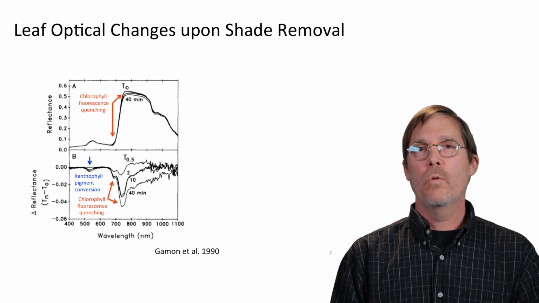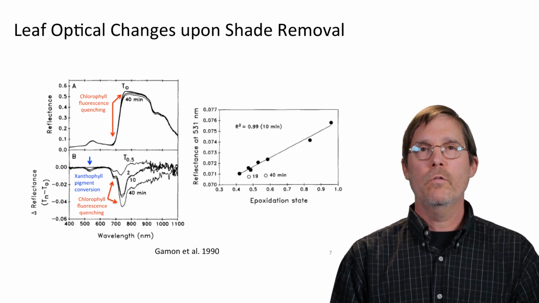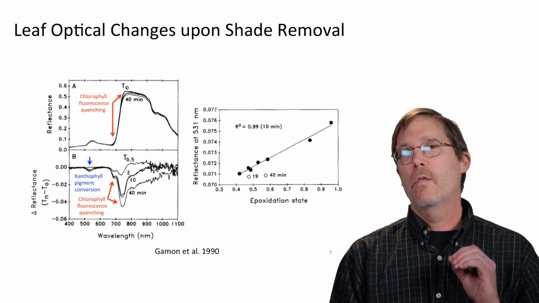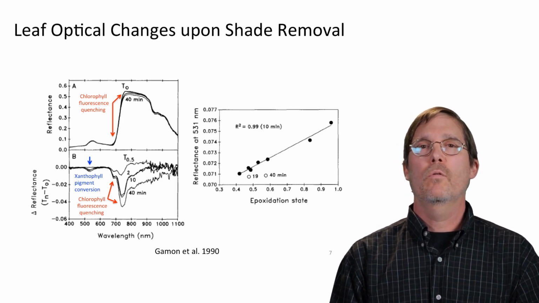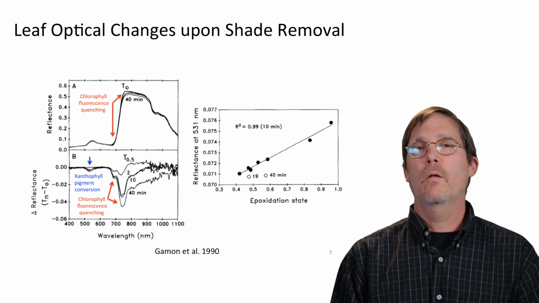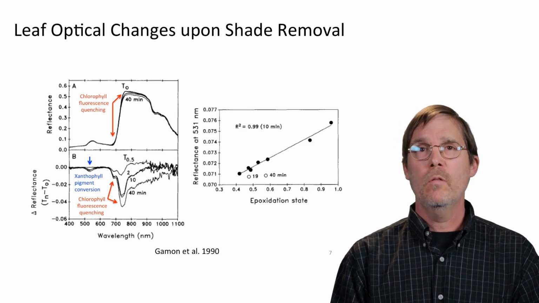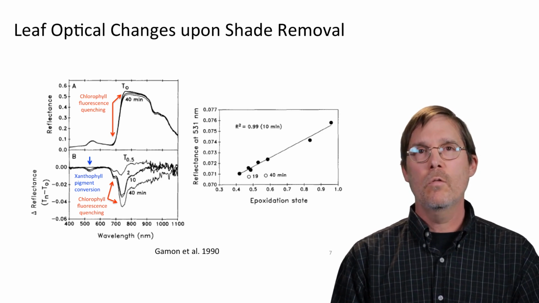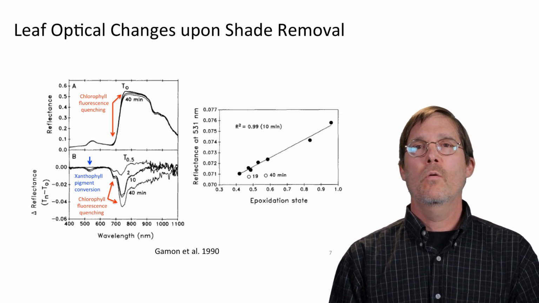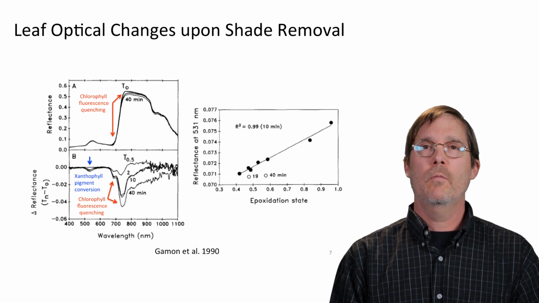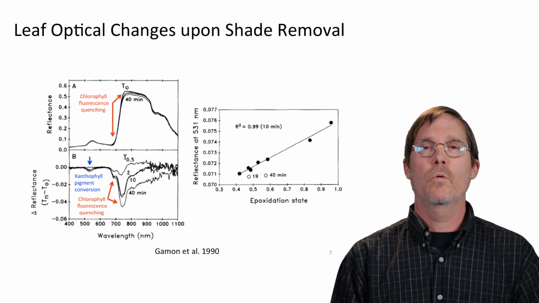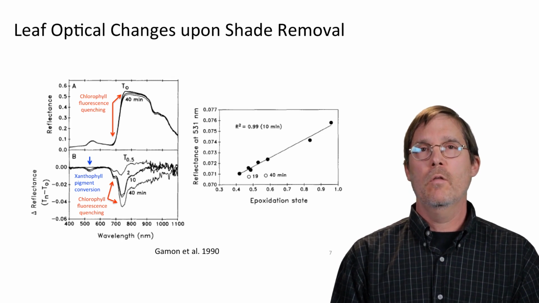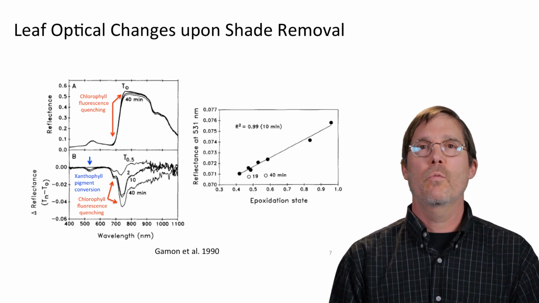And we knew this was the case because we also took leaf samples from this canopy as these measurements were being made, and extracted the pigments and compared the actual pigment content and epoxidation state to these reflectance spectra. What we found was, over the first 10 minutes, a very strong relationship between the epoxidation state of the xanthophyll cycle pigments and this reflectance signal at 531 nanometers.